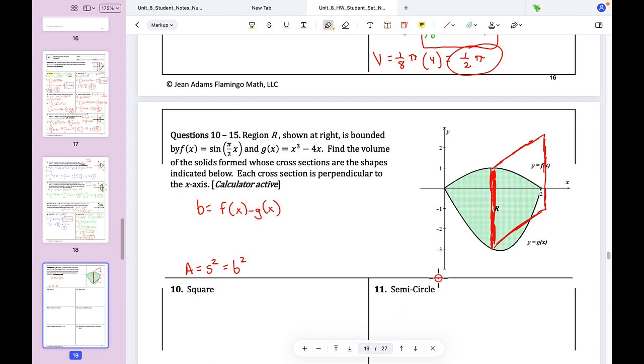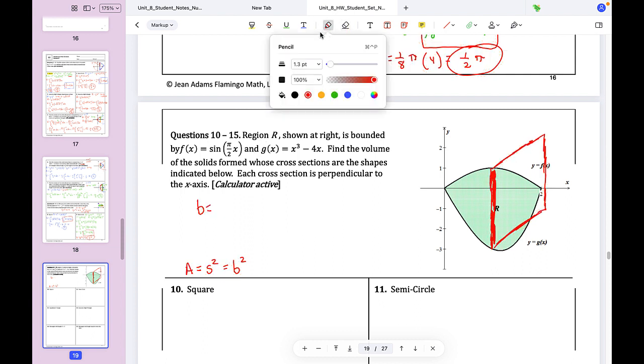That's going to give us the length of that side. I'm just double checking myself here. Hold on a second. That's g of x. Oh, I want to go the other way around. Sorry. I guess it doesn't really matter because we'll be squaring it.